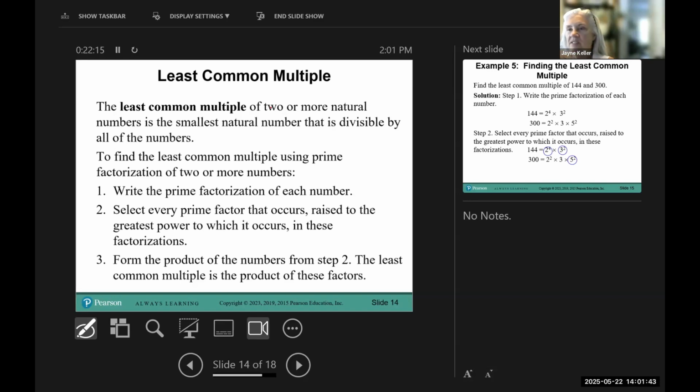So there's a couple ways of doing this. We're going to look at one in detail, and then I'll tell you another way that I do for a shortcut with smaller numbers. So with big numbers, I really like this method that's in the PowerPoint. Just like we did for our previous process, we're going to start with the prime factorization of each number. But now notice, let's look back at our example here.